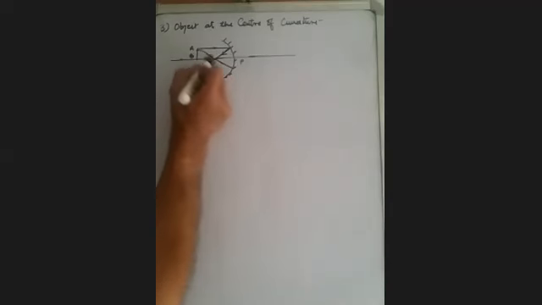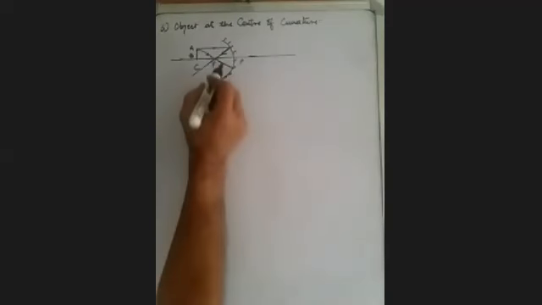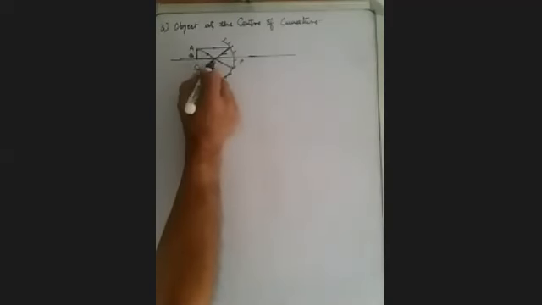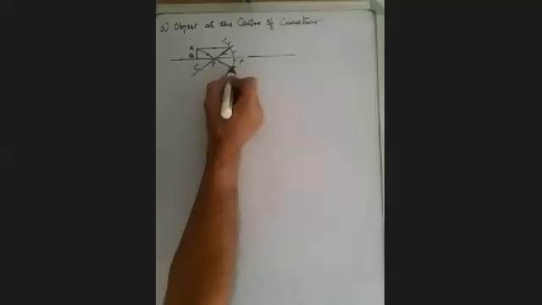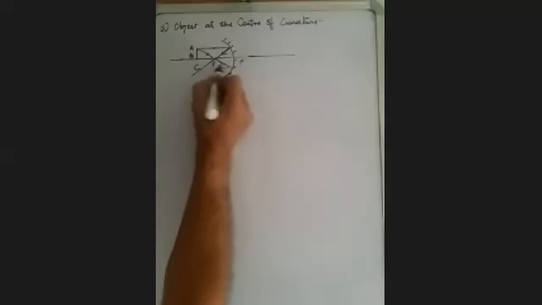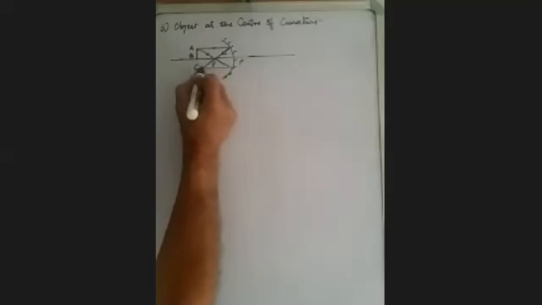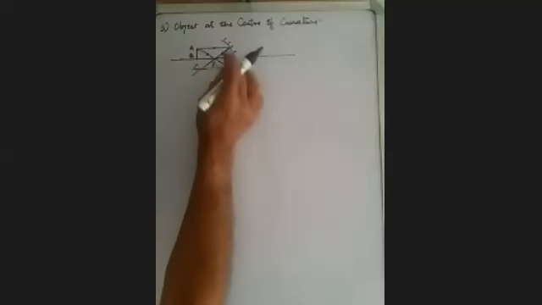So this is a ray, and we know a ray which is passing from the principal focus, the incident ray will be reflected parallel to the principal axis. So the ray is reflected parallel to the principal axis.